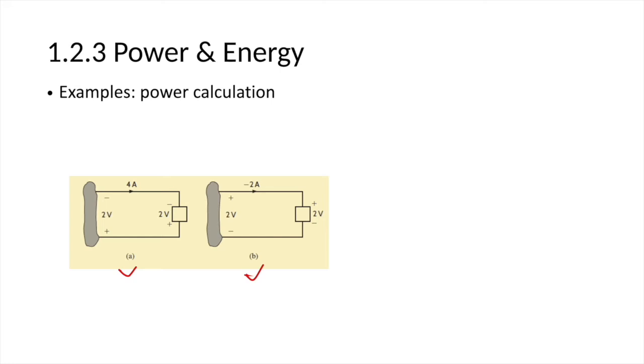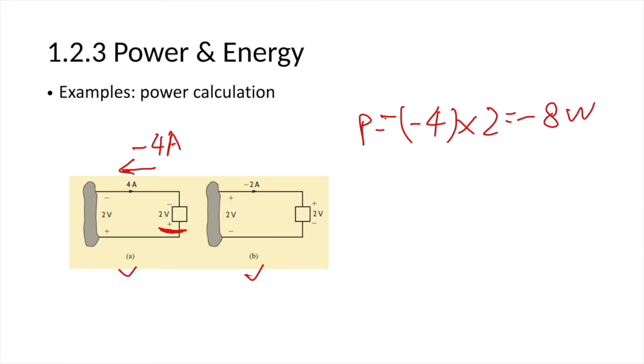Okay, time's up. Let's take a look. The voltage has the positive sign down and the negative sign up. Of course, it does not match the passive sign convention, so we reverse the current. So the power equals negative 4 times 2 equals negative 8 watts. So the element is supplying power.